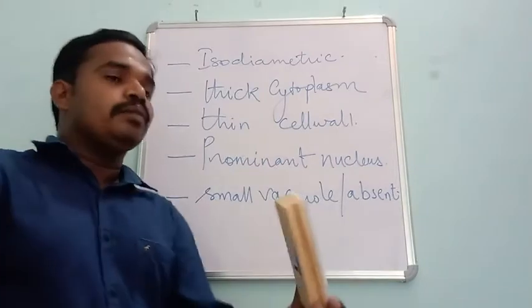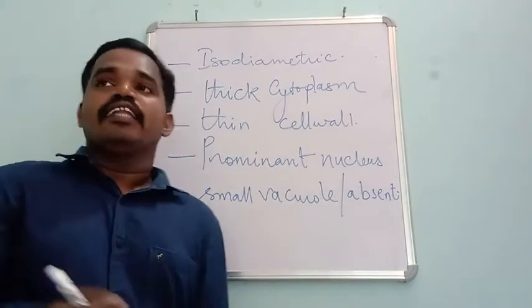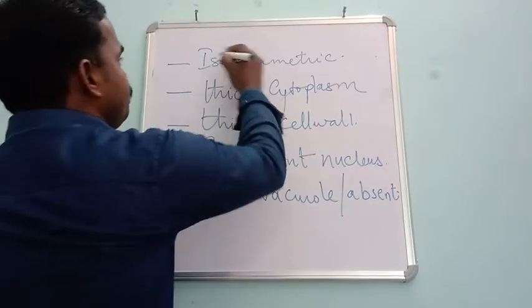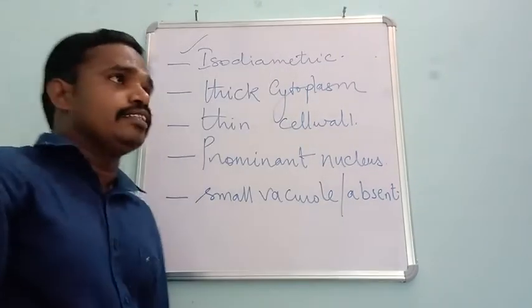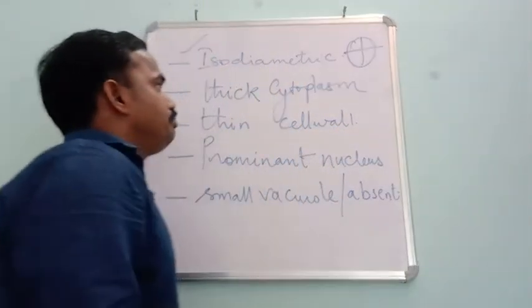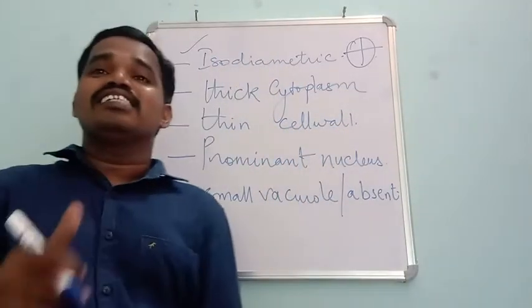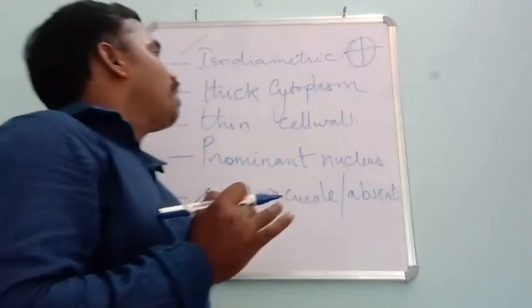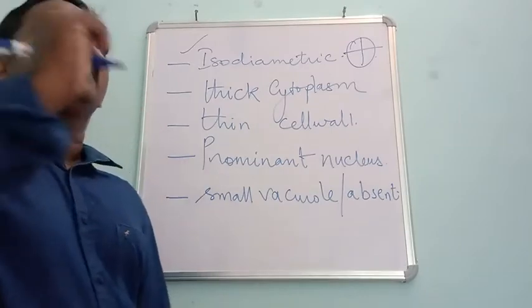So the meristematic cells are smaller in size. They continuously involve in the cell division process. They are isodiametric in nature. They possess thick cytoplasm and a thin cell wall.